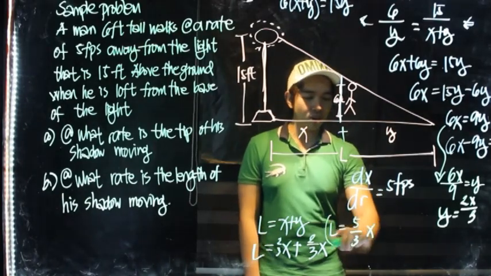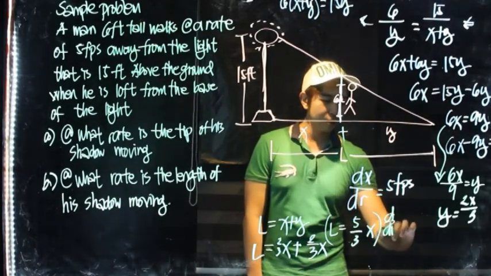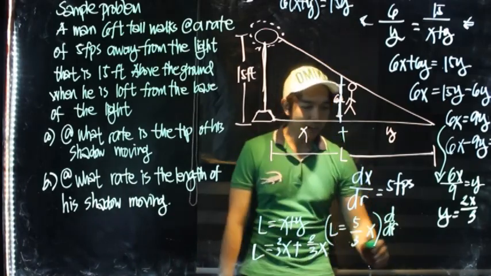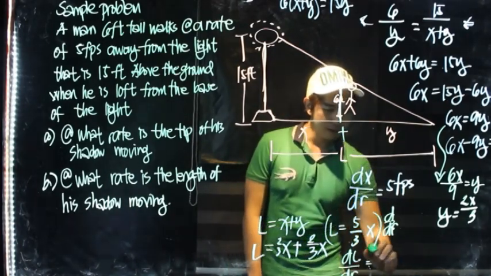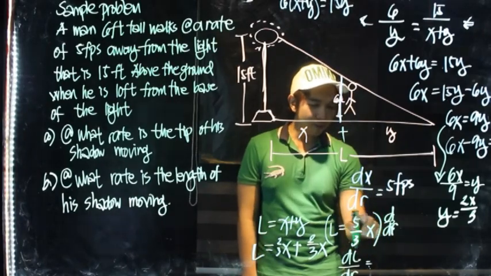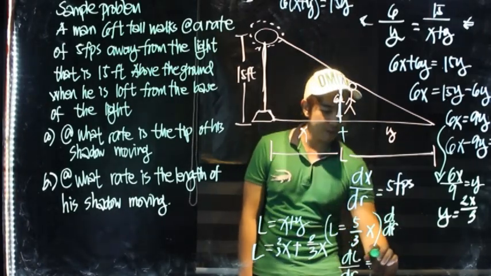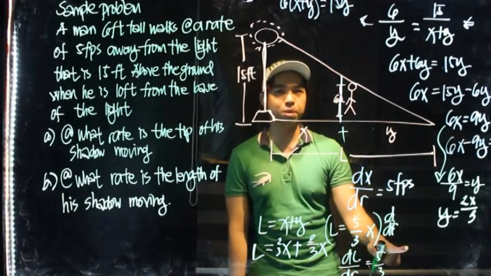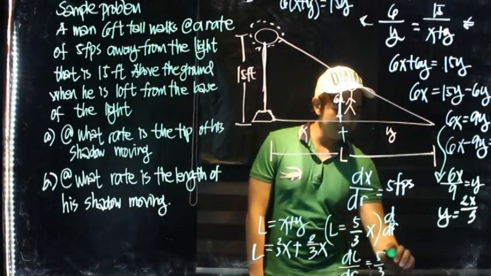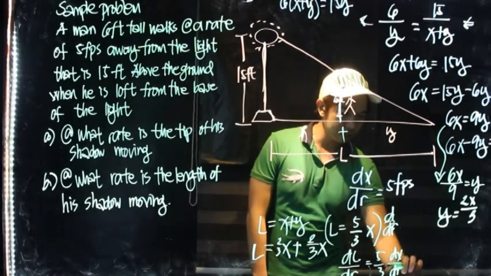Finding the derivative of this whole equation with respect to the rate, we'll have dl over dr equal to the derivative of 5/3 x, so that would be 5/3, times the derivative of x with respect to r, which is simply 1, and that would be dx over dr.